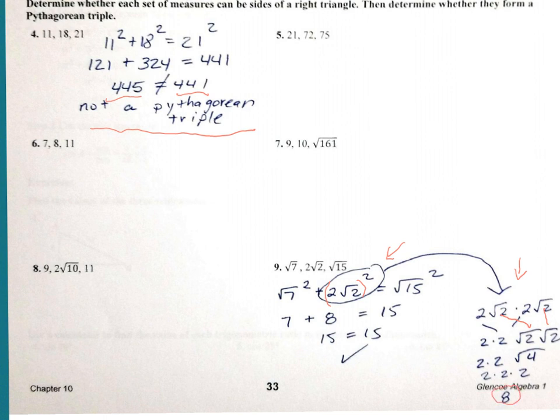So 2 square root of 2 squared is equal to 8, and you can see that in your equation. And after you simplify this, you see that the a squared plus b squared side is in fact equal to the c squared side. So your answer is 15 equals 15, and it checks out. So this one is a Pythagorean triple.